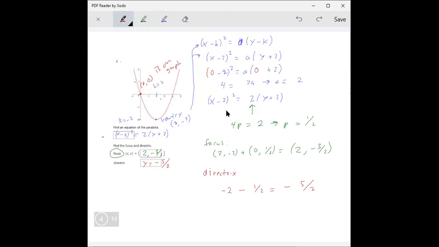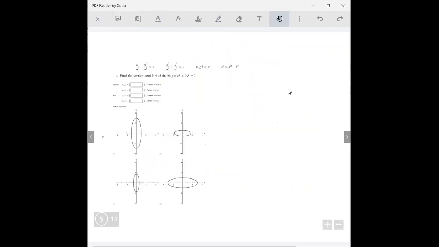Okay, so parabolas are looking pretty good. Let's do ellipses. Talk a little bit about ellipses. Okay, now the C determines where the foci are.